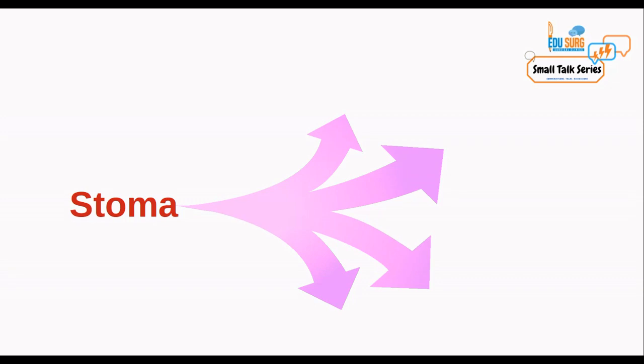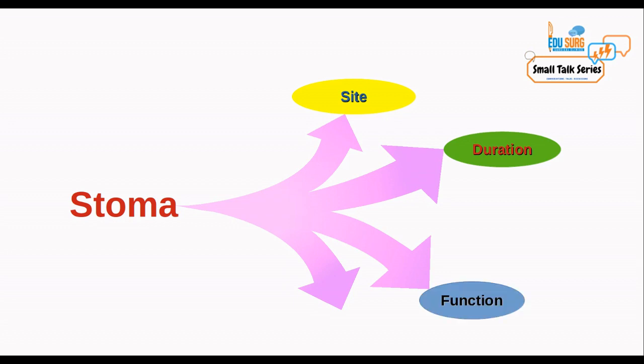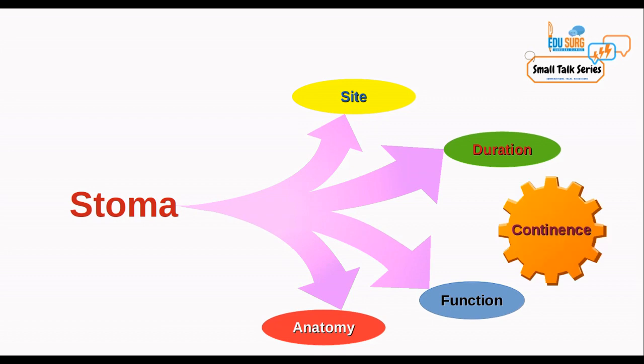To summarize, stomas can be classified based on the site or the part of the gut which is used as a stoma, duration for which the stoma is created, whether it is for life or whether it is for a few months, function of the stoma, that is, why is the stoma created, and anatomy of the stoma. Apart from this, there is a very important point by which you can classify stomas, and that is based on continence. So let us see each of these one by one.